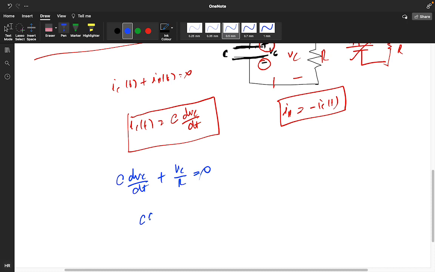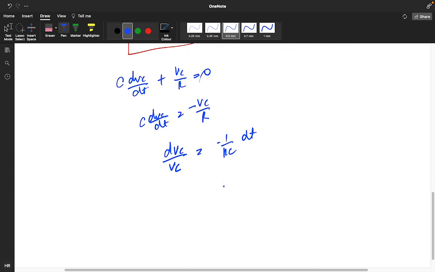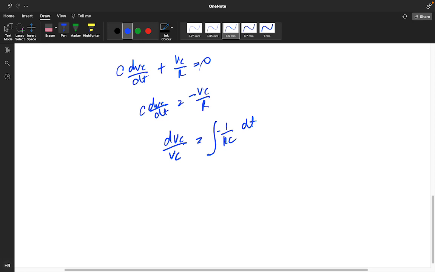If you solve this, C dVC by dt is equals to minus VC by R, right? So bring this part this side, dVC divided by VC, take minus 1 by RC this side and bring this dt this side.